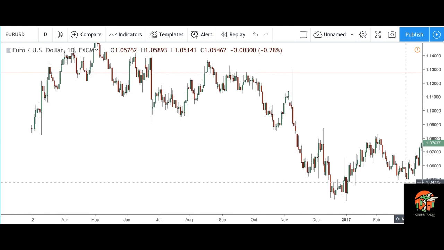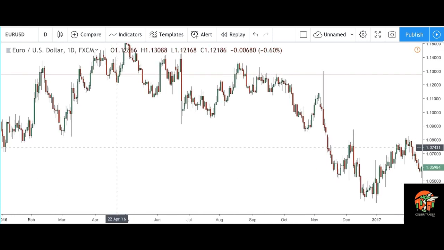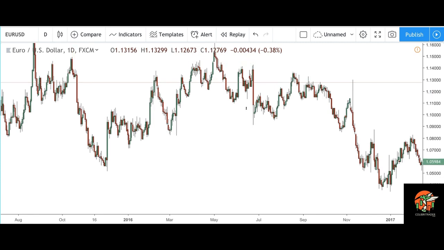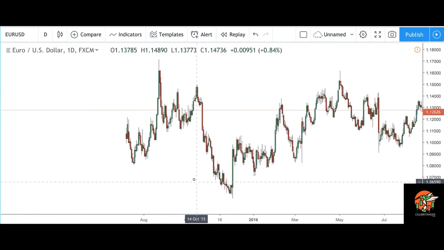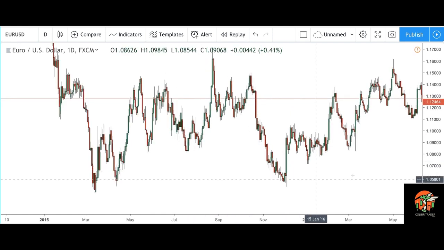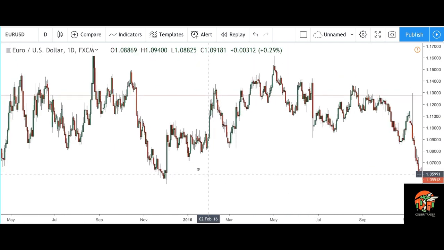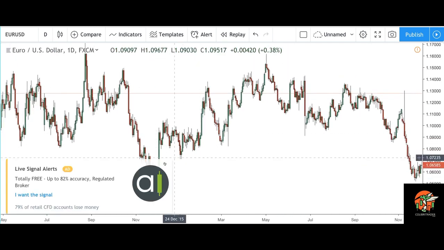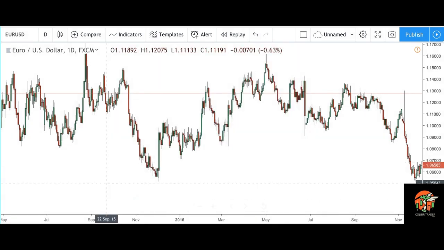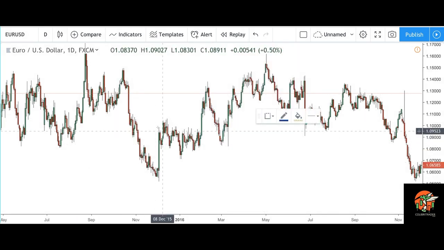Let's go back in time, and there are actually a lot of those mini supply and demand areas, but I'll try to concentrate on some of the major ones. Okay, so for example here, guys, you have this big green candle, followed by a small cluster here.